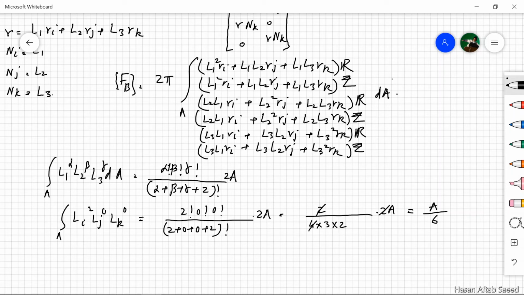The other combination to calculate is Li power 1 and Lj power 1 and Lk power 0. It doesn't matter which of these has a power 1 or 0 as long as you have the same power. So this one is 1 factorial 1 factorial 0 factorial over 1 plus 1 plus 0 plus 2 factorial into 2A.